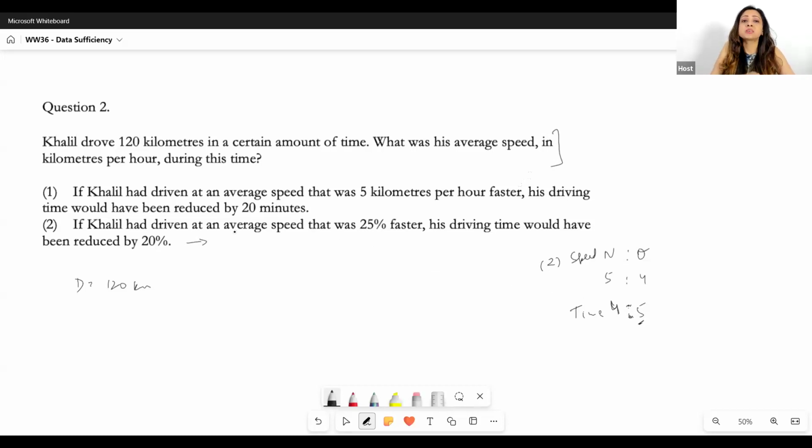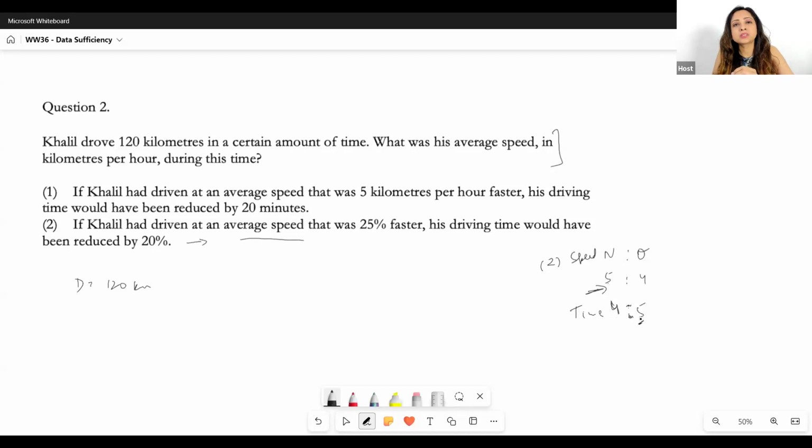Do you understand that? This is something that I can say about any speed in any scenario. I can say that if the average speed increases by 25%, then the time taken reduces by 20%. This is something I know automatically. You don't have to tell me. This is not new information that you're giving me, right? The moment you say that the average speed increases by 25%, I myself can tell you that the ratio of time will become 4:5.